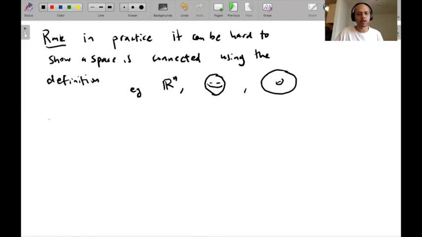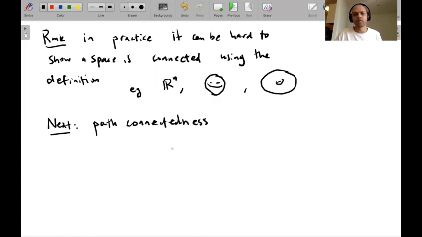So next time, we're going to discuss something called path connectedness, which is easier to show for a space, and we'll see that path connected implies connected. So this will be a way to show spaces are connected.